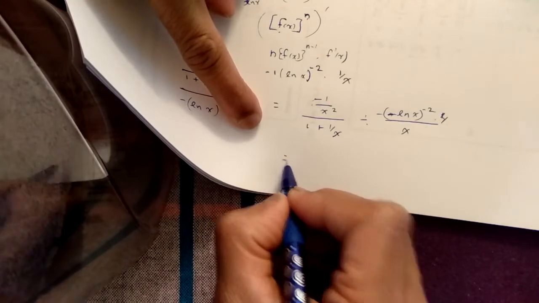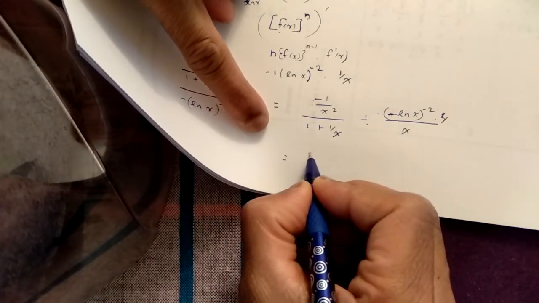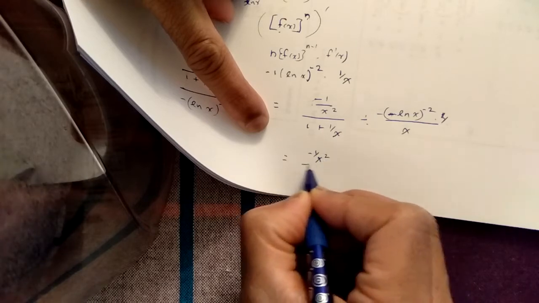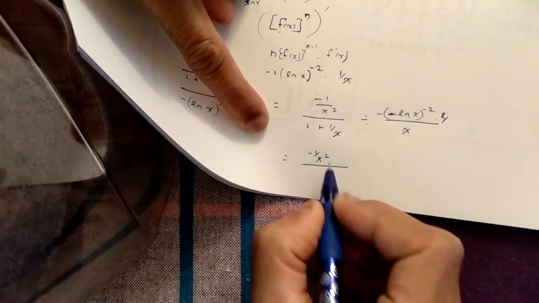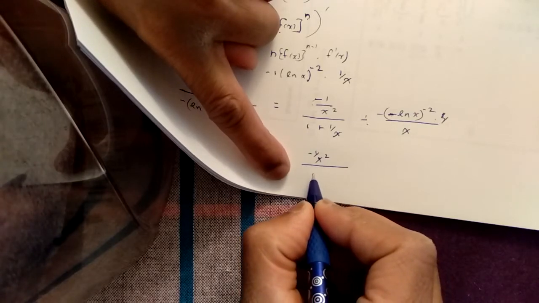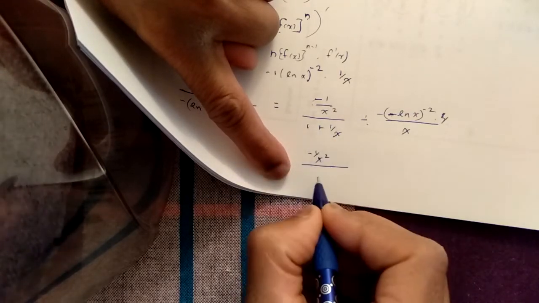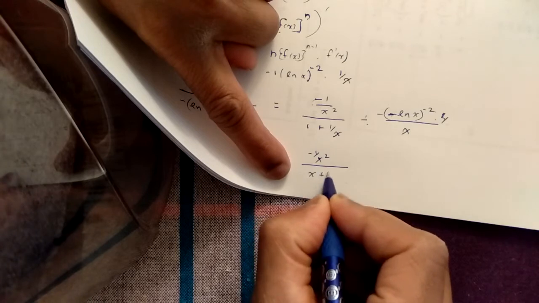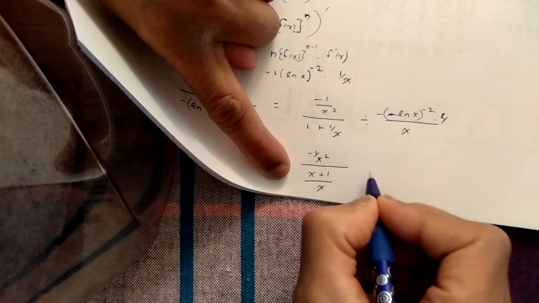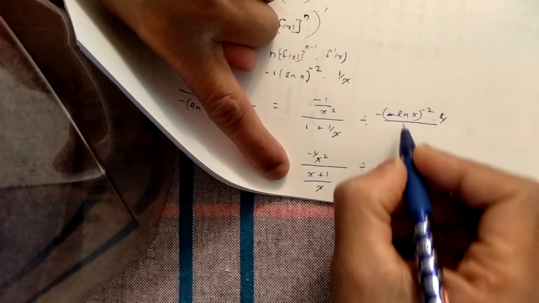And here you can simplify it further. You have this one here in the top, and for the denominator you can take the same denominator, this term, x plus 1 over x. Since it is division, I'll rewrite it like this.